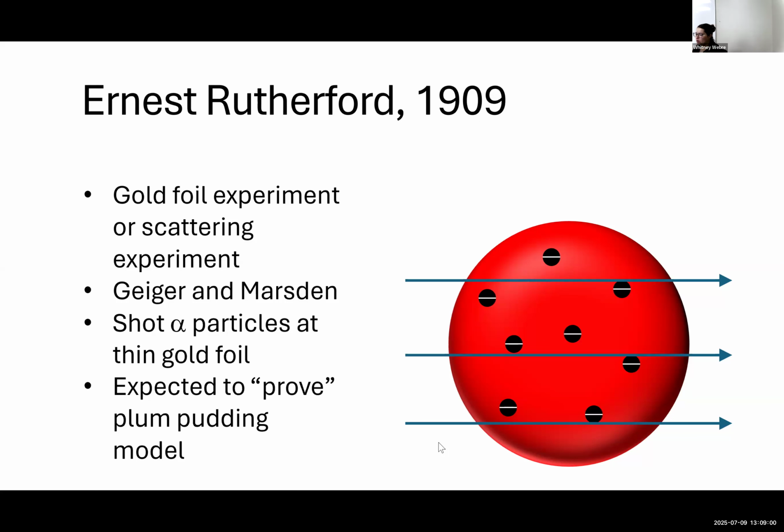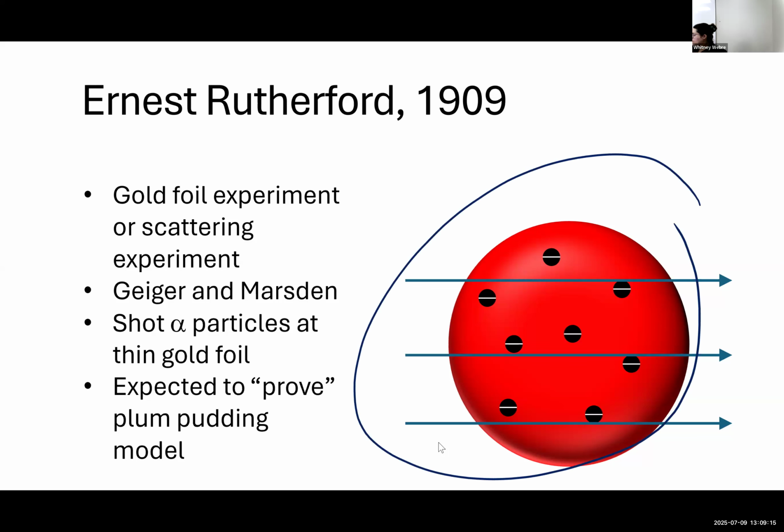They shot alpha particles at thin gold foil. They expected to prove their advisor Thomson's theory correct, but something different happened. They had the plum pudding model, with the pieces of plums as negatively charged electrons and the rest just positively charged.